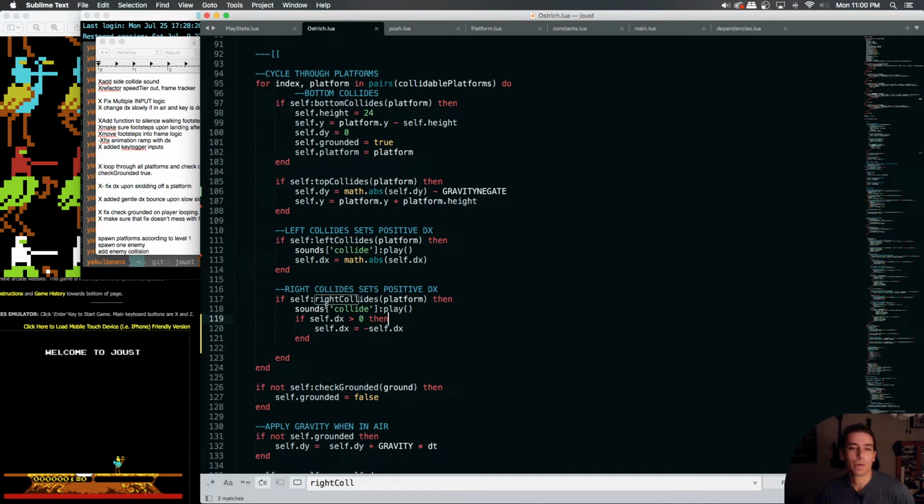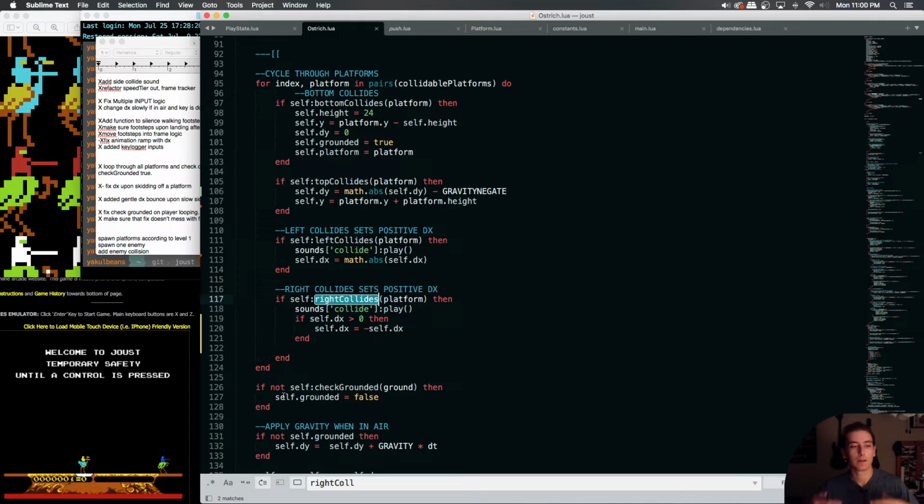So even though we could use this right collides function to detect whether or not we collided with an enemy ostrich, we need a separate function because it needs to do something different.